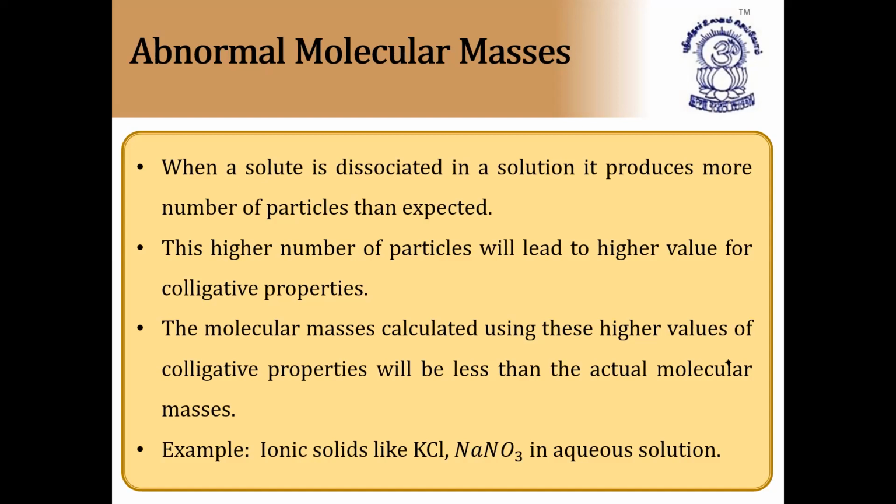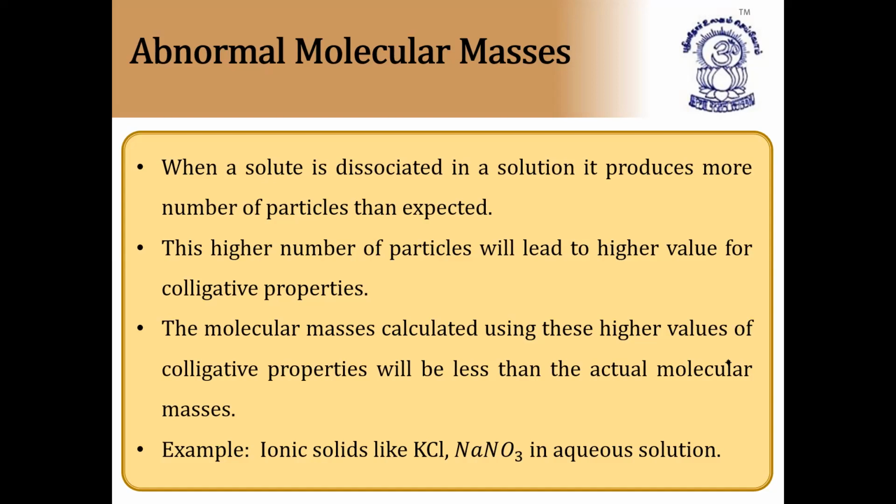But what happens when you dissolve electrolytes? The non-volatile solutes we have seen so far are non-electrolytes only. But if you add some sodium chloride in water, sodium chloride is the solute and water is the solvent, and sodium chloride dissociates into Na plus and Cl minus in water.